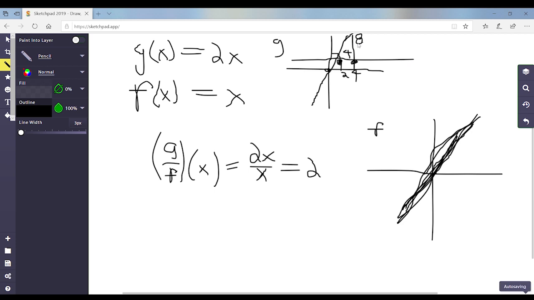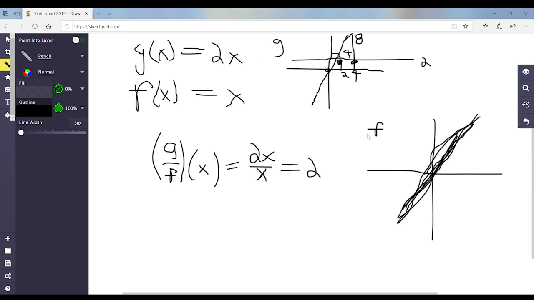Sure, y is getting bigger, but so is x, so y can't increase because it's being divided by x, which is also increasing. So this is how we can see that we have a horizontal line at y equals 2. And that's when we do it with g. We're basically just dividing it by another function, x.